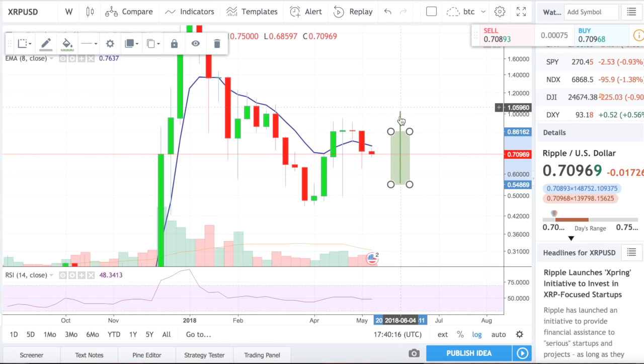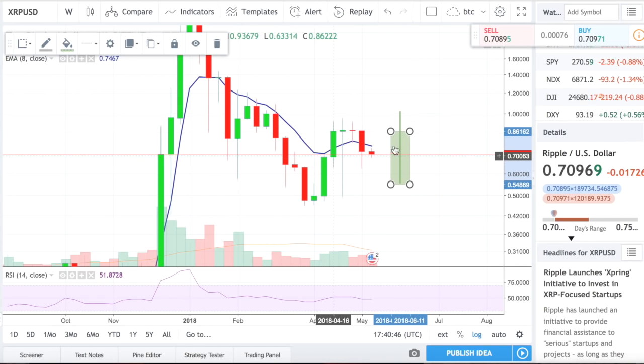So that's what this wick represents: in that period of time, the price went all the way up, and then it started going back down. The bears took power of it. Sometimes this represents bear traps, which means the bears get the price a little higher so that people have buying pressure, and once it gets higher up, they start putting a bunch of sell orders and driving the price down. So this is what could happen here.